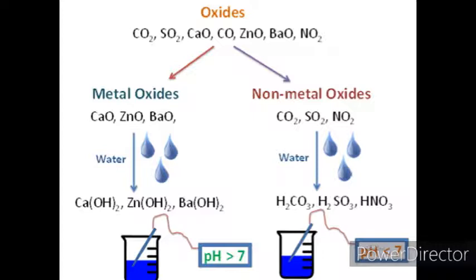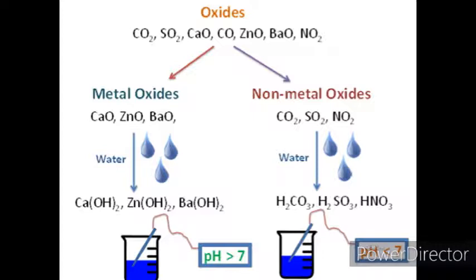Carbon dioxide is a non-metallic oxide as carbon is a non-metal, sulfur oxide is a non-metallic oxide, calcium oxide is a metal oxide as calcium is a metal, carbon monoxide is again a non-metallic oxide, zinc is a metal so it is a metallic oxide, barium oxide is again a metallic oxide, and nitrogen dioxide is a non-metallic oxide.